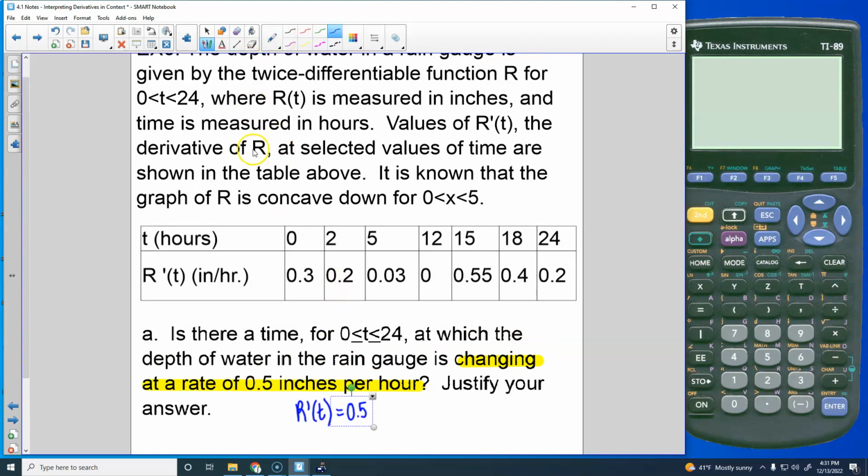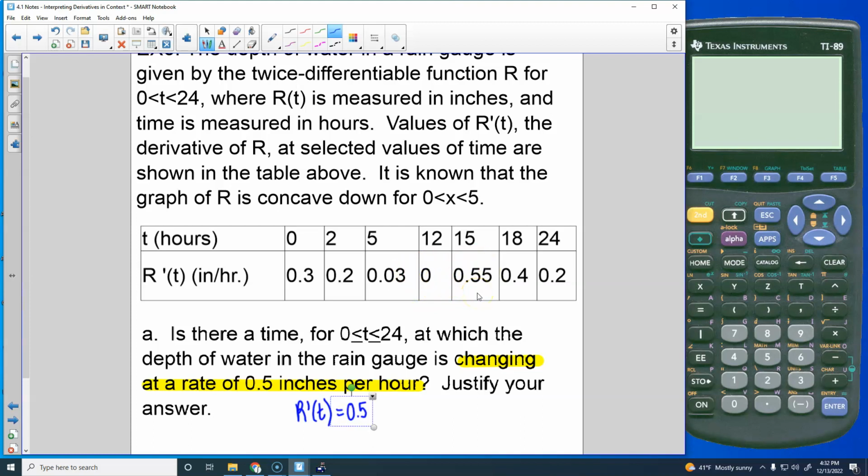R gives us the amount of water. If we look at our table here, our rate of change goes from 0.3 to 0.2 to 0.03 to 0 up to 0.55, back down to 0.4 to 0.2. You notice that right here at 12 hours we're at 0, then we're up at 0.55.